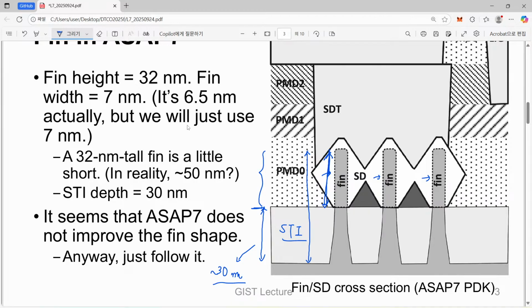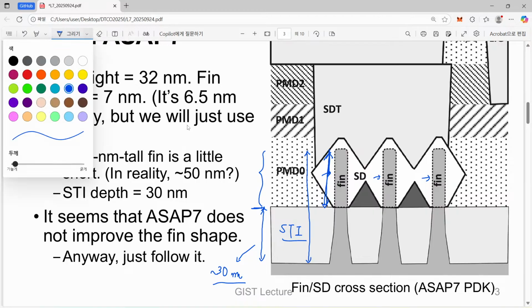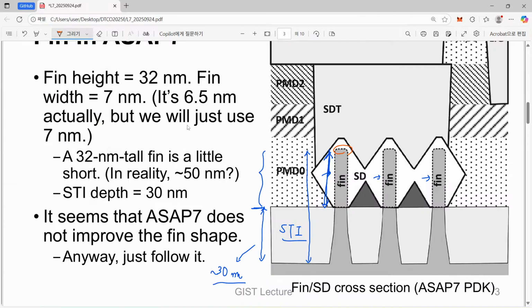So this is the effective one, and as I told you several times, although it has three different phases, that's the reason why we call it a tri-gate transistor. However, this one and this one show much difference in their physical length scale. For example, in our ASAP assumption, this is about 7 nanometer wide.